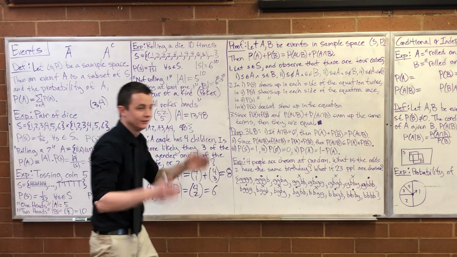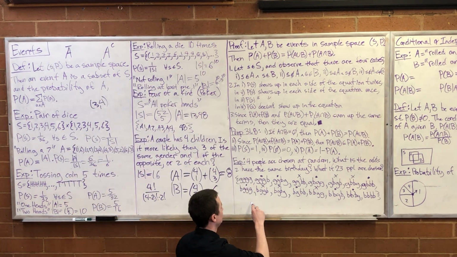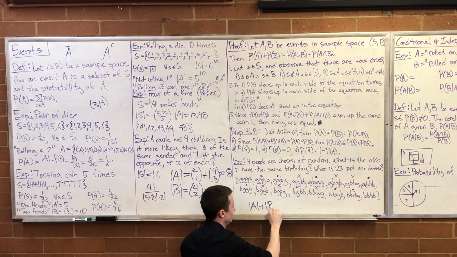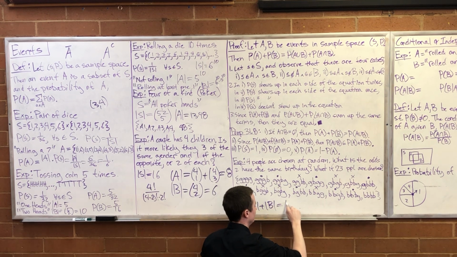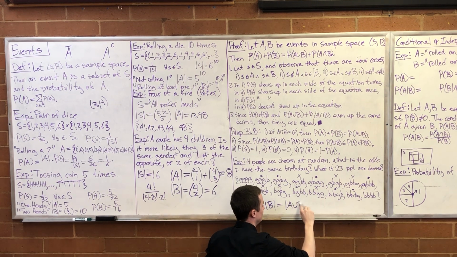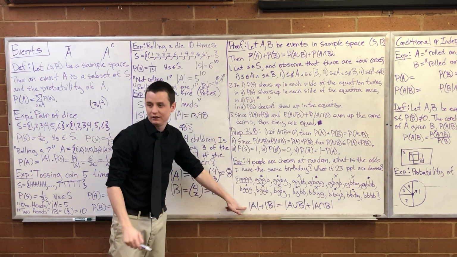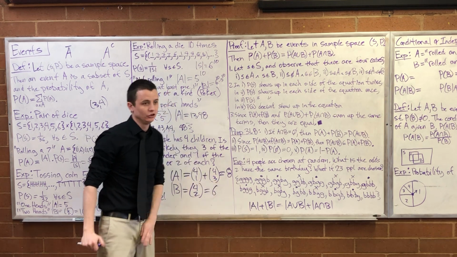The size of A plus the size of B is equal to the size of A union B plus the size of A intersect B. Wonderful. Didn't we prove this on the midterm? We already proved this. I don't know if we did on the midterm. You might just use it for a problem.